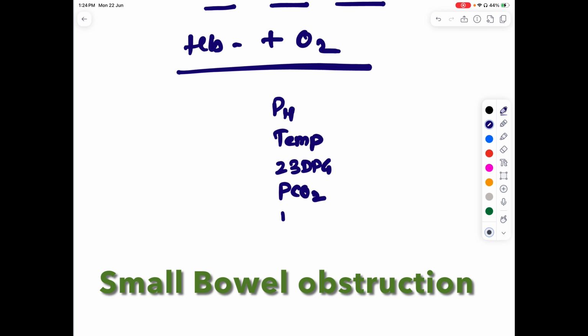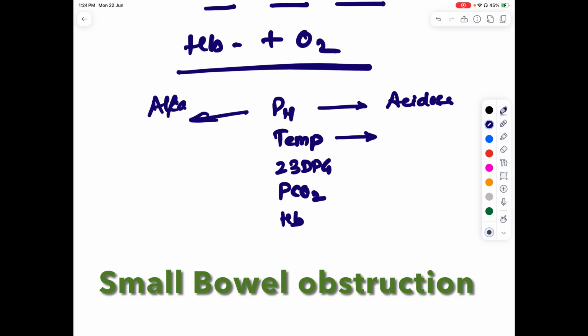If there is acidosis, it will shift to the right. And if it is alkalosis, it will shift to the left. Temperature increase shifts to the right, temperature decrease shifts to the left.